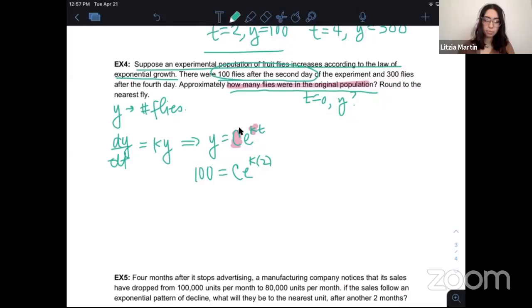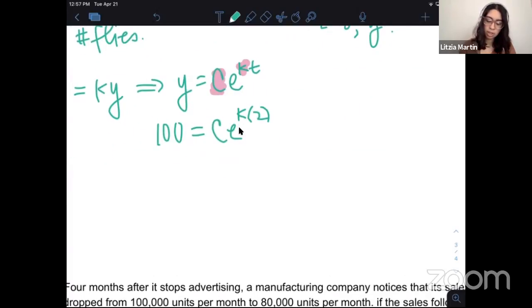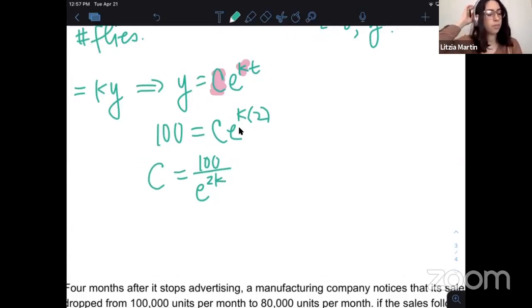So let's divide here. So c is going to equal 100 divided by e to the 2k. Okay. Let me know if there's any questions.